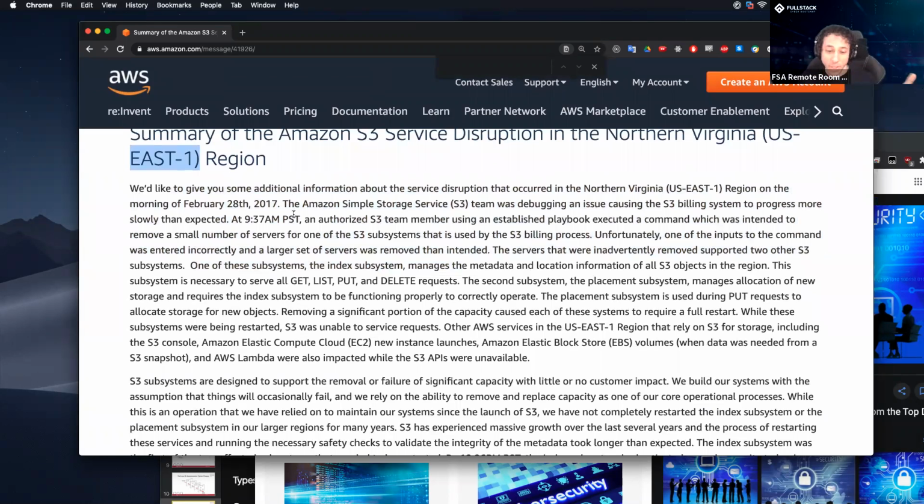It was the largest mostly because it was the oldest one. It was US East 1. An authorized S3 team member using an established playbook executed a command which was intended to remove a small number of servers for one of the S3 subsystems that is used for S3 billing. Unfortunately, one of the inputs in the command was entered incorrectly and a larger set of servers was removed than intended. Oops. I just can't imagine what this guy was thinking after he did that and took down like half of the internet. Like, I just put in the wrong command. Sorry.